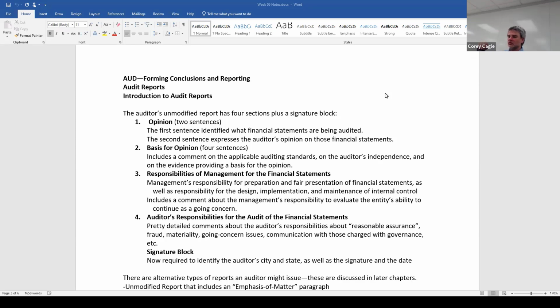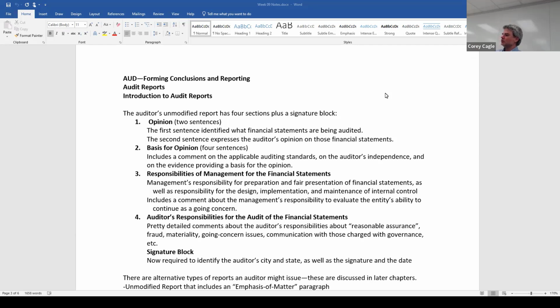They have to take responsibility for the presentation of the financial statements, the design and implementation of internal control, and their responsibility to evaluate their ability to continue as a going concern. Things we've learned about early in the semester, right? It is spelled out here on the audit report, so there'll be no misunderstanding.